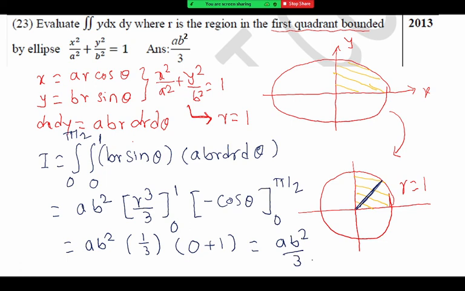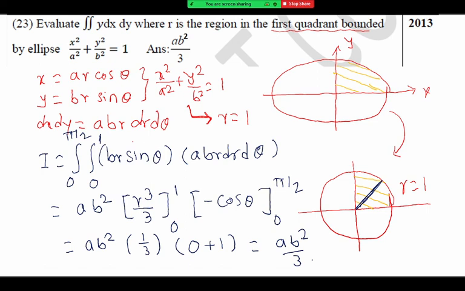You will notice that the calculation becomes really simple provided we use the special transformation of the ellipse. This transformation is specially made for the ellipse for simplified calculations. So that is about your double integral. This is the end of your double integration.